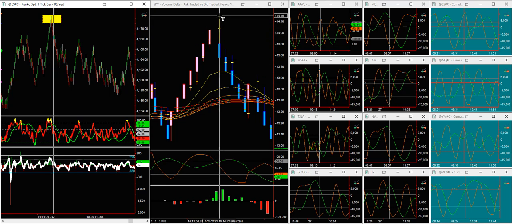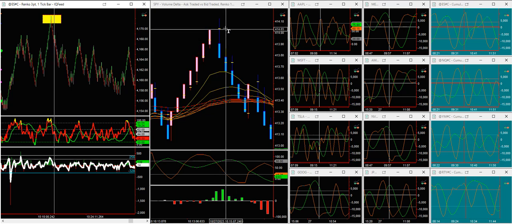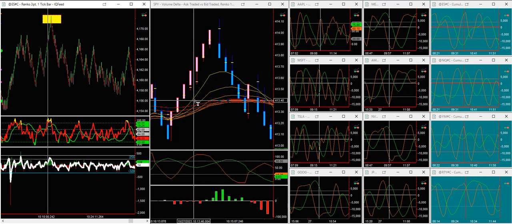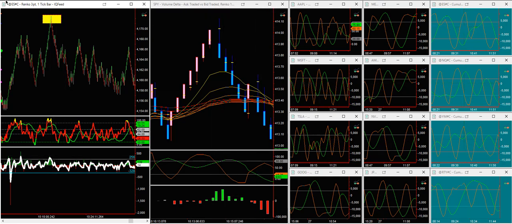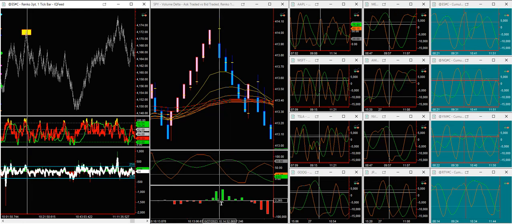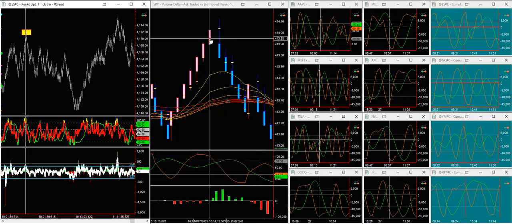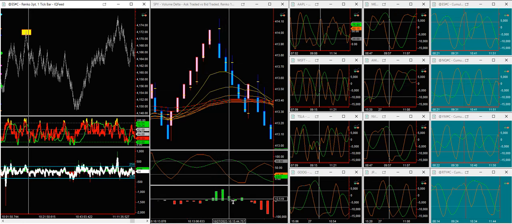So once you see this wick, you all know about wicks. Sellers have come in, but now you know a lot more about wicks from the series of videos. What's going on? The value went higher high, delta went higher high. We want the delta to flip.